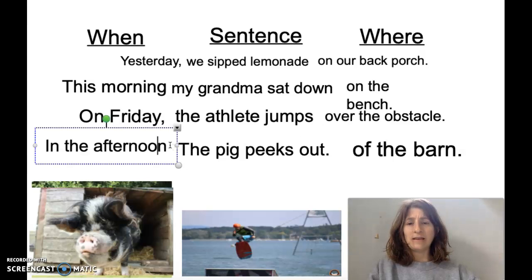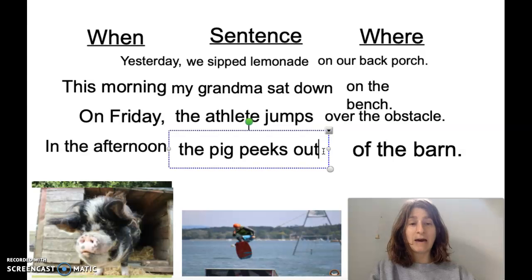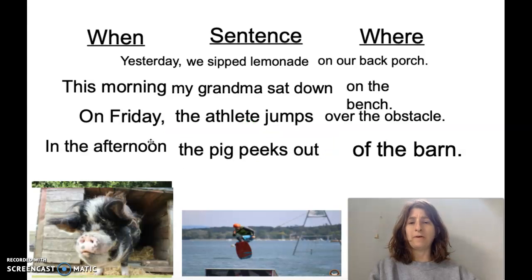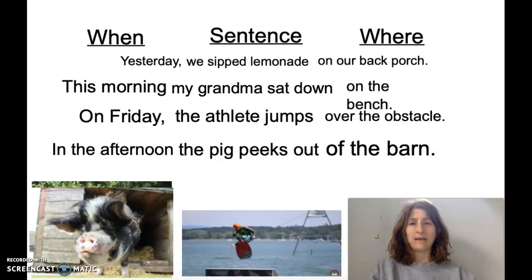Here's the last one. In the afternoon, the pig peeks out of the barn. Just move that together. And I'm just double checking my work. There we go. That's how you add where or when phrases to your sentences to make them more interesting.